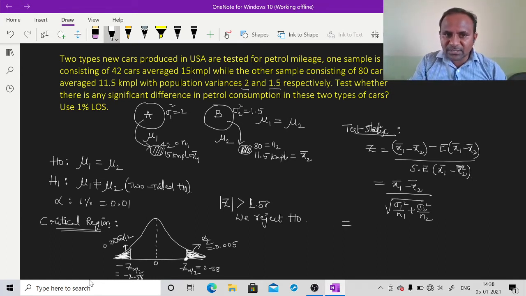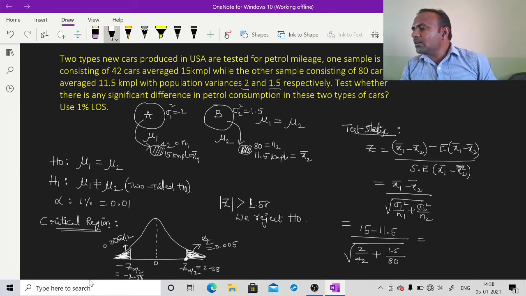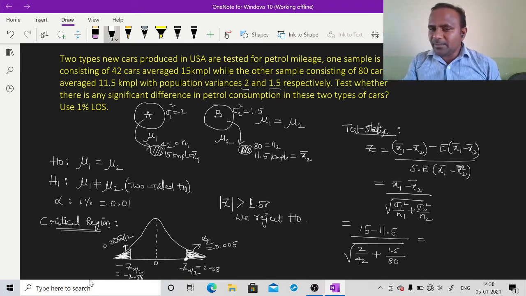And now we calculate the value. X1 bar is 15 minus 11.5 over the root of sigma 1 squared, which is given as 2, divided by n1, the sample size of the first one, plus sigma 2 squared, also given as 1.5, over n2, whose sample size is 80. If you calculate this, it gives you something around 13.5.